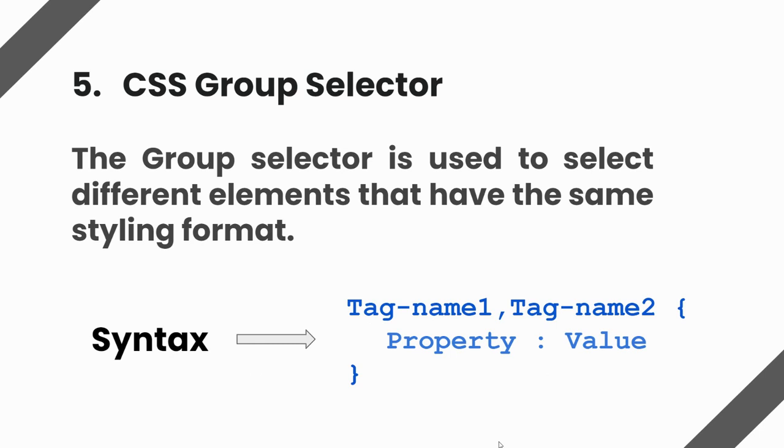So this selector is quite unique because unlike the other selectors we've been going through, those other ones actually either use the tag name or the class attributes or the ID attributes, and they are used to style specific types of tags, except for the class attributes, which can be used to style different kinds of tags. But then this particular selector also styles different types of tags but without a class name.